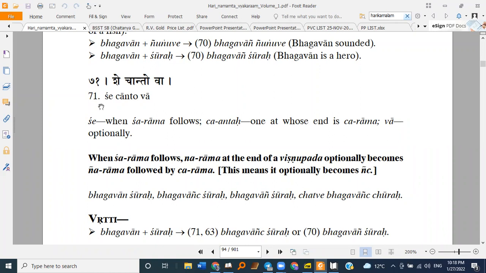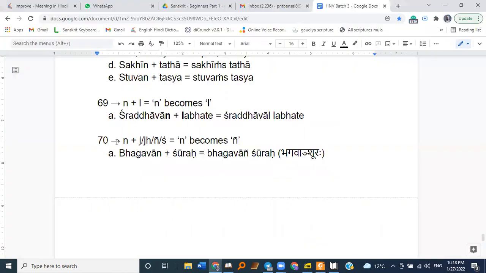But let's try to understand it properly. So She Chantova: when Sharama follows, Narama at the end of a Vishnu Pada optionally becomes Nyarama followed by Charama. This means it optionally becomes this. Very simple. We can say that Sutra 71 is an extension of the 70th.